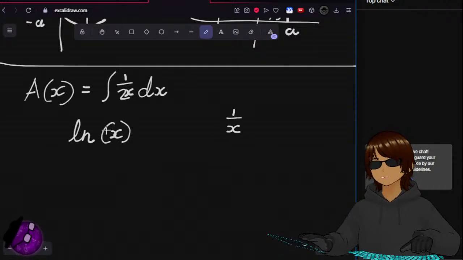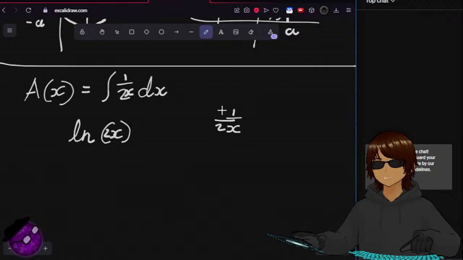The derivative of ln of 2x will be 1 over 2x. So the derivative of the outside times the inside. Wait, is this correct? That will give us 1 over x back.